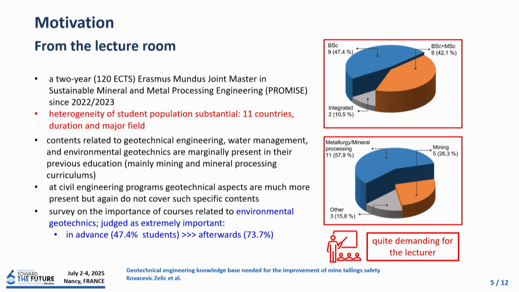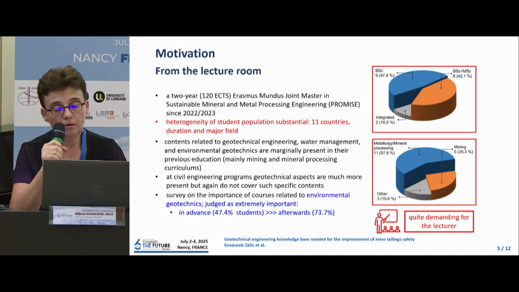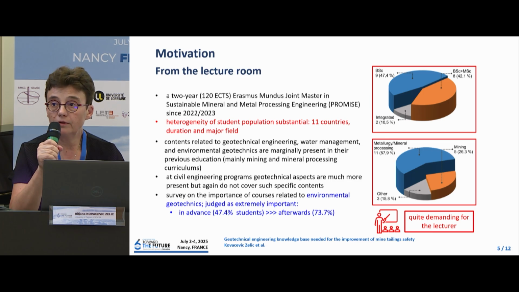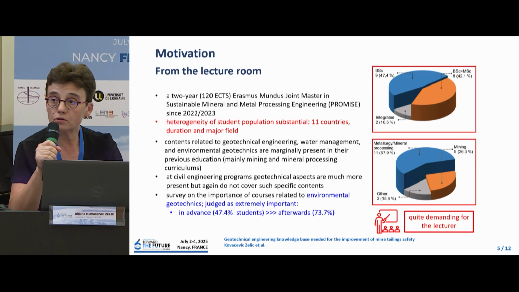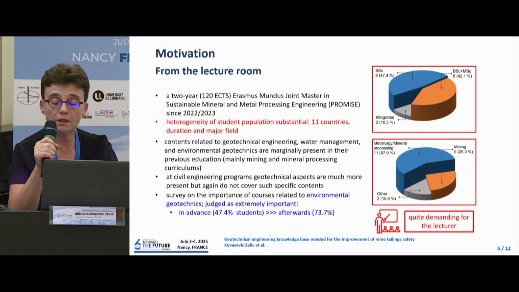But still, we have performed a survey, and at the beginning, before listening to this course, they judged this environmental geotechnics course as extremely important, half of them. And afterwards, at the end of the semester, it even increased by 25%. So 3/4 of them judged this as extremely important.